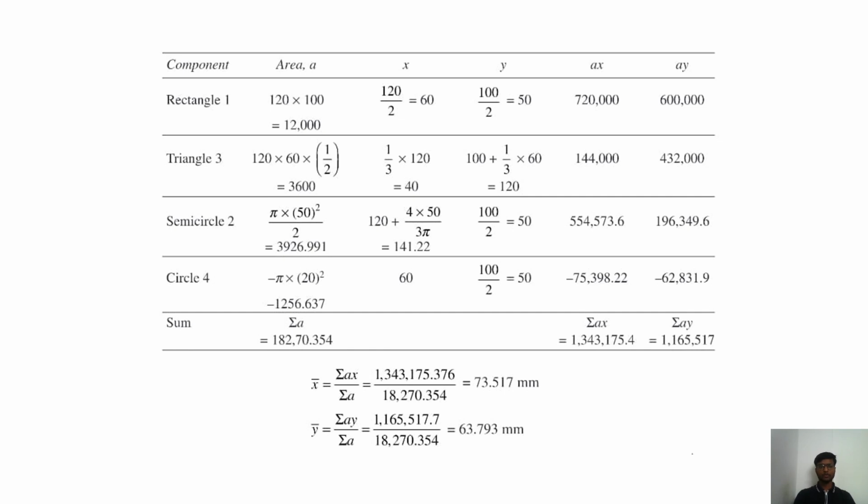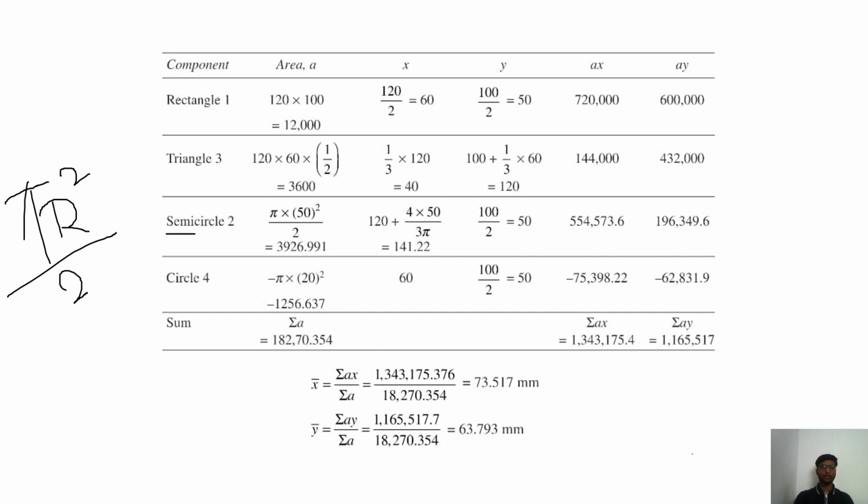The next component we are discussing is the semicircle. To find the area of the semicircle, we have the formula pi r square divided by 2. Here the radius is given as 50 millimeters. Therefore, the answer is 3926.991. Next, the centroidal distance from the y-axis, that is x: the given semicircle is at a distance of 120 millimeters from the y-axis.